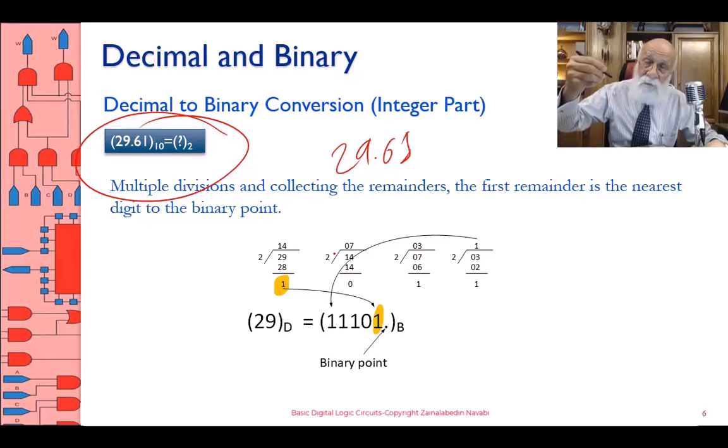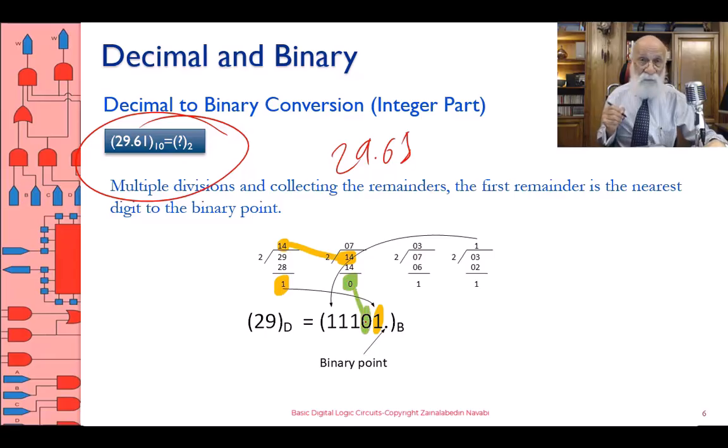I divide again. Now I take 14, divided by 2 again, I come up with 7. The remainder is 0. That's next to the previous one, which was closest to the binary point.